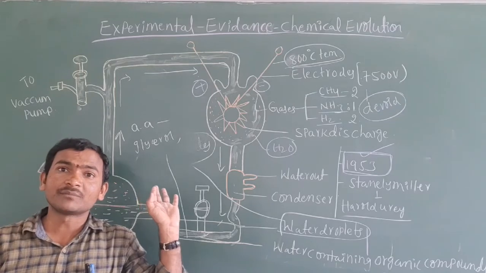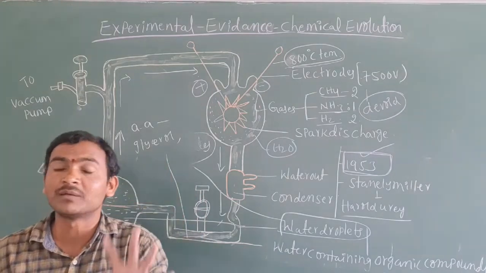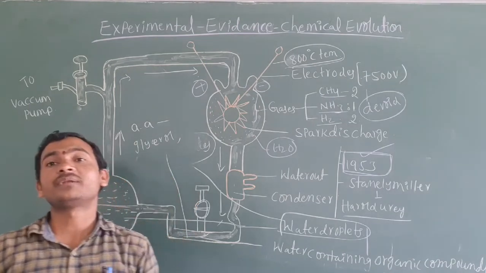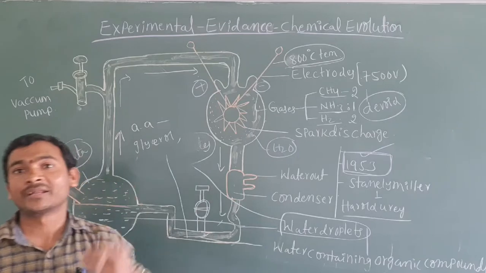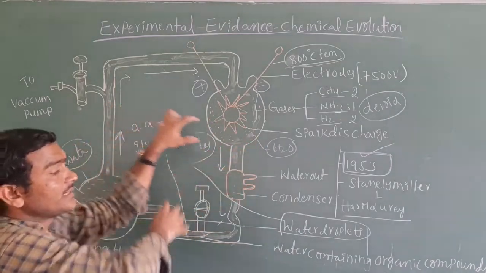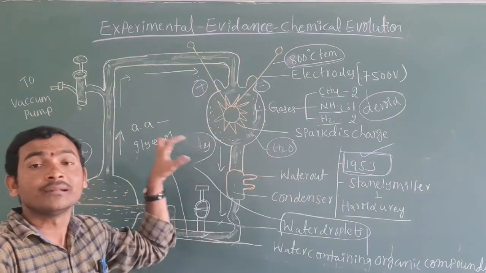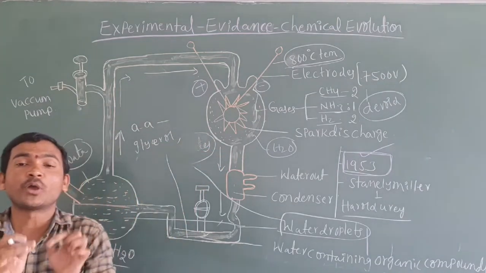The formation of deoxyribonucleic acid and ribonucleic acid was one of the historical moments in the formation of living organisms. But finally it looks like a hot dilute soup or prebiotic soup.